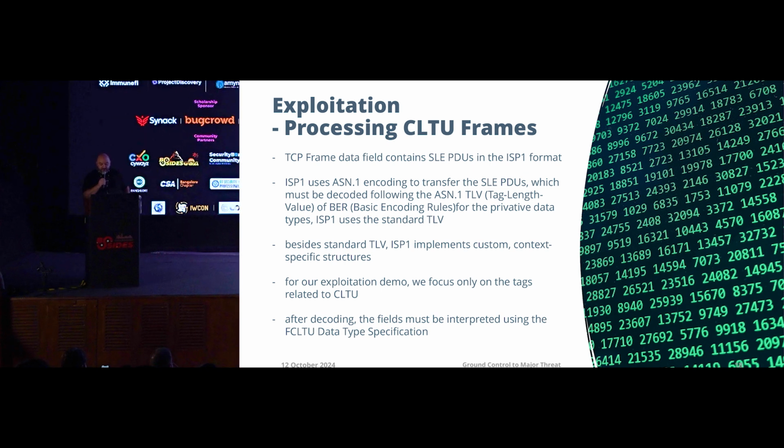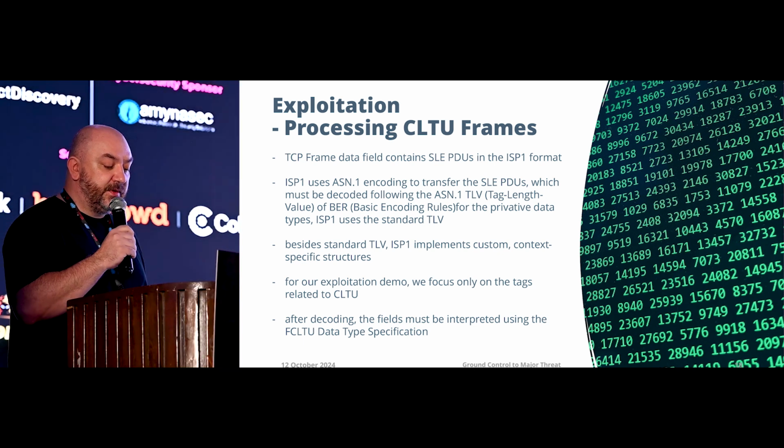We extract them. ISP1 is using ASN.1 encoding, so we decode the standard type, length, and value fields. There are a few custom fields and context-specific structures and sequences, so it's going to take a little bit more time to figure out what they are, but because SLE comes with relatively nice and complete documentation, it's not going to be that difficult.